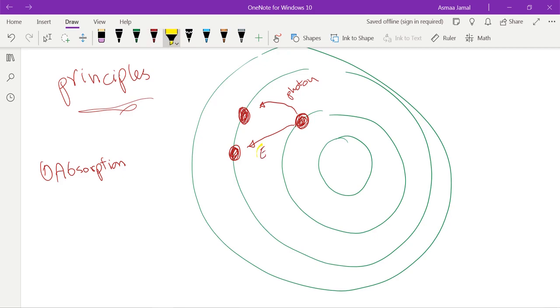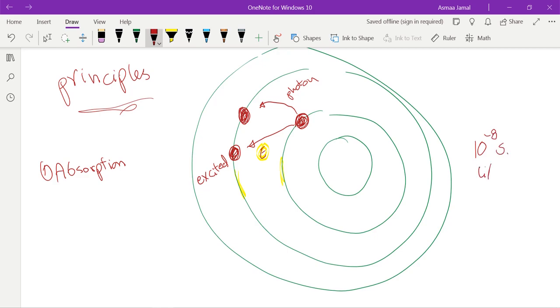The amount of this energy equals the difference between this level and this level. This excited electron has a specific lifetime, about 10 to the minus 8 seconds only.